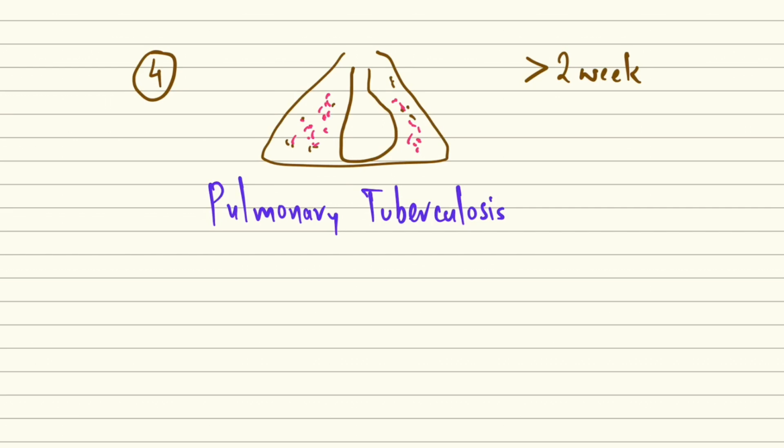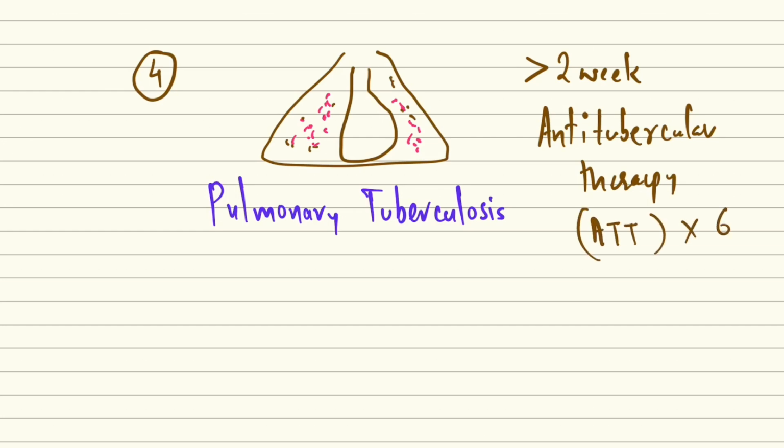We have to treat the bacterial infection that is caused by Mycobacterium tuberculosis, and for that we have the drug therapy known as anti-tubercular therapy, which is given for a period of 6 months. So anti-tubercular therapy will work here, and we prescribe this anti-tubercular therapy or ATT for a period of 6 months, and then their cough will go.